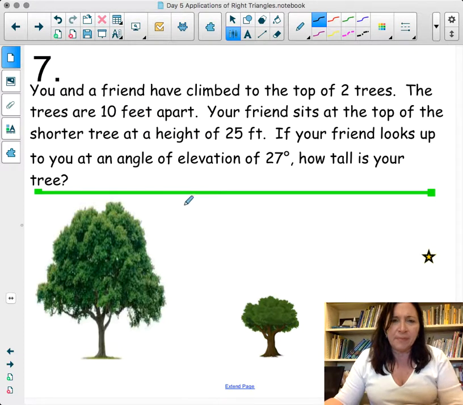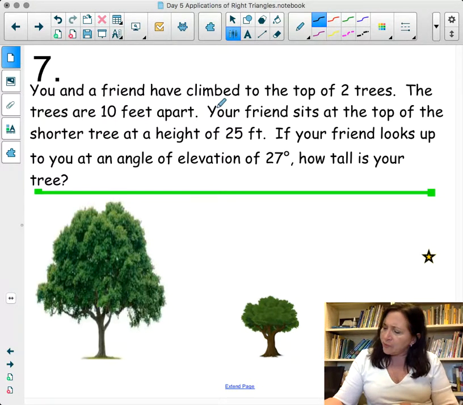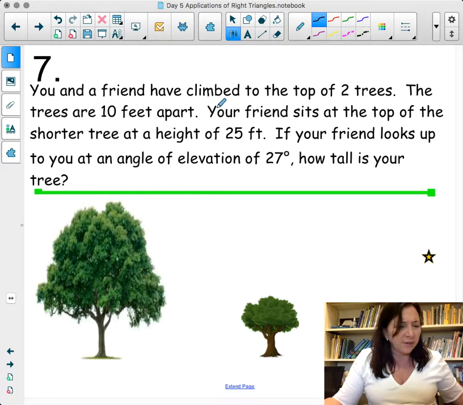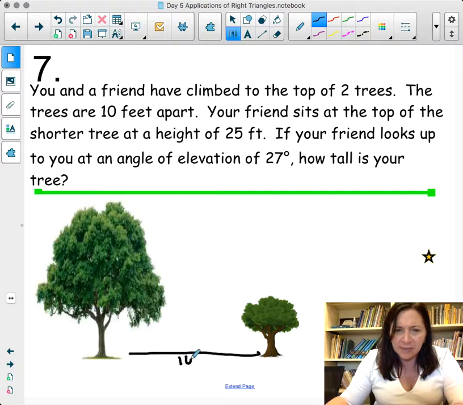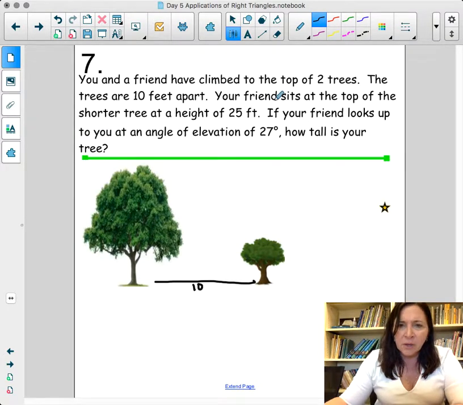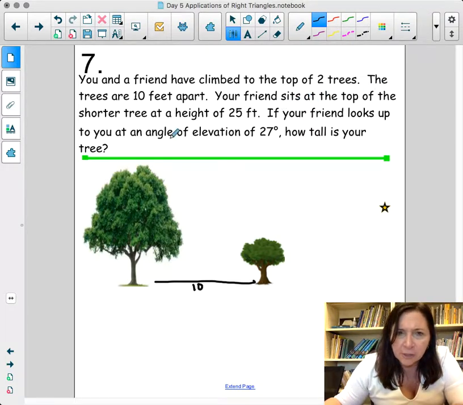Okay, number 7 says you and a friend have climbed to the top of 2 trees. The trees are 10 feet apart. So we have this length here and this length here. These are 10 feet apart. Your friend sits at the top of the shorter tree.